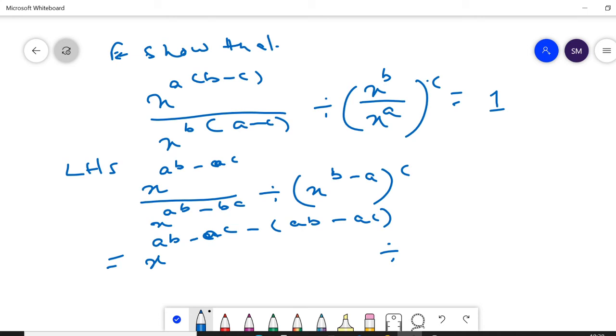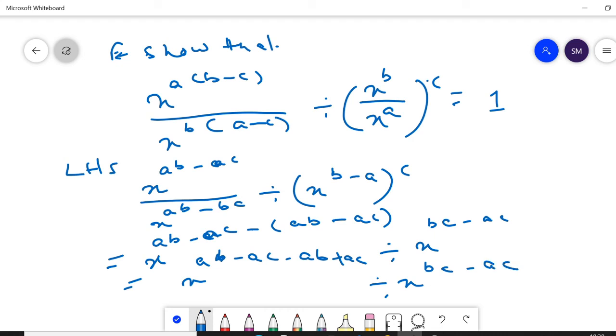The exponents get multiplied: b minus a into c, bc minus ac. When we open the bracket, ab minus ac minus ab, minus minus, we get plus bc, divide x to the power bc minus ac.